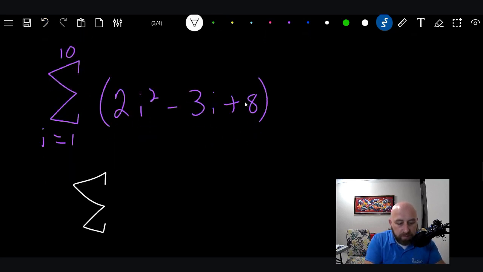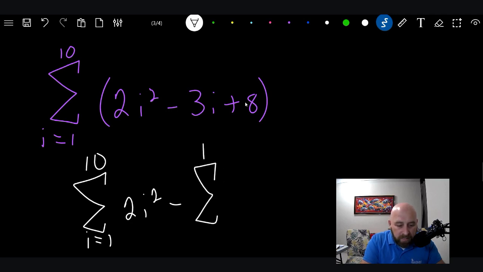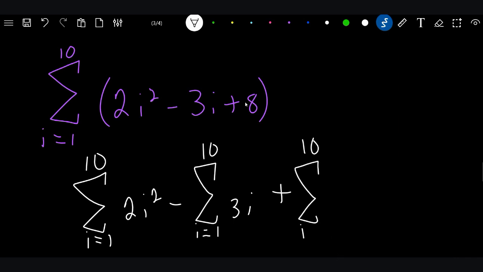So we have the sigma notation with 10, I equals 1, and then we have 2I squared, minus sigma notation, 10, I equals 1, and then the 3I. And then we have a plus, sigma notation, 10, I equals 1. See, I'm just copying this right here, okay? It's just distributing. And then an 8 right there.